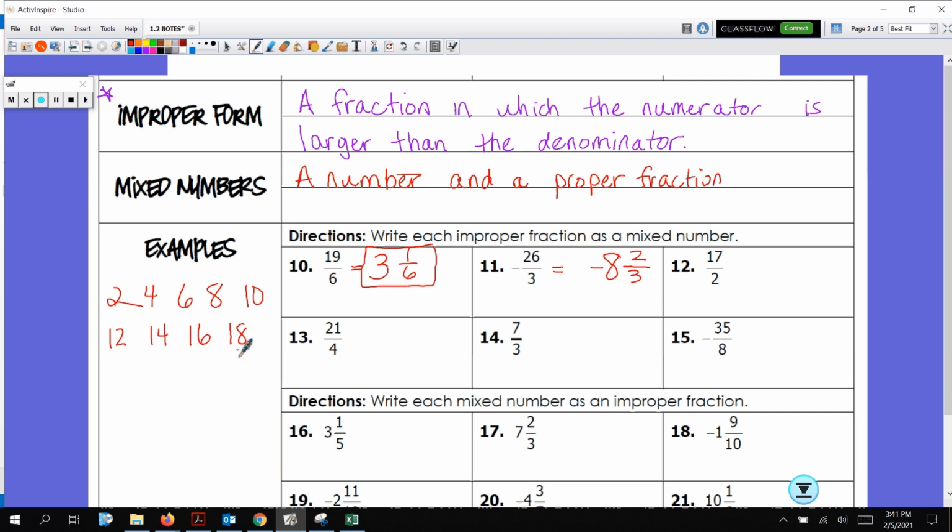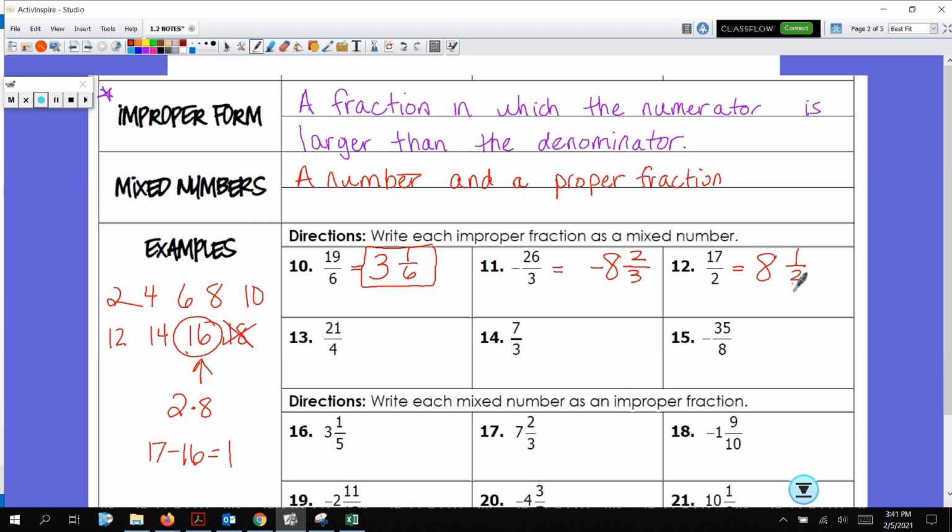Well, 18 is bigger than 17, so that's too big. We're going to use 16, which is 2 times 8. So 2 goes into 17 8 whole times, and if we subtract the numerator minus our number here, I have a remainder of 1. So 8 and 1/2.